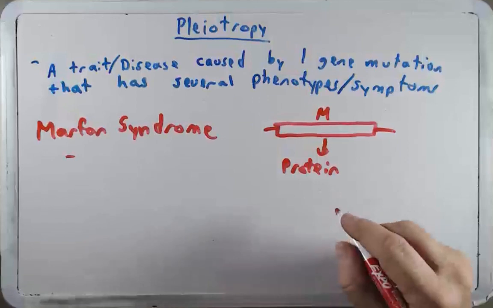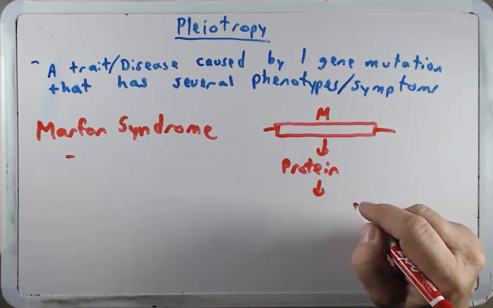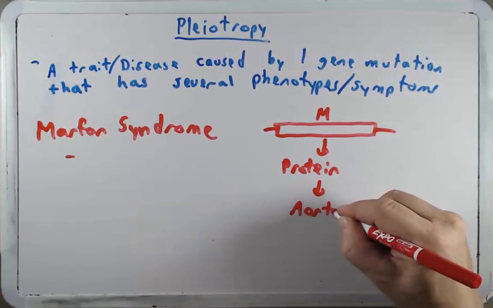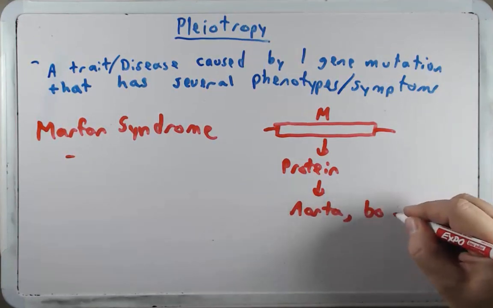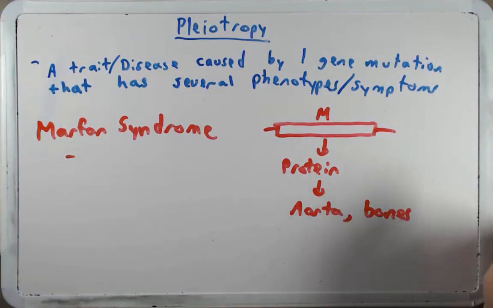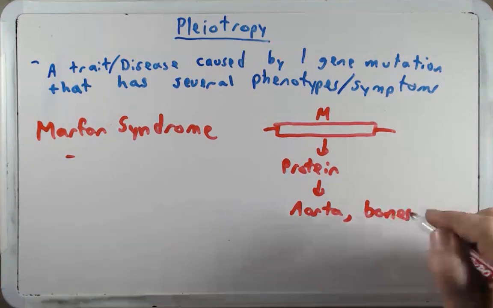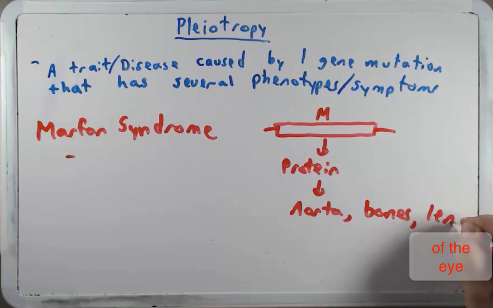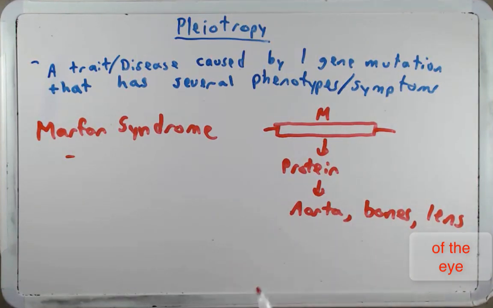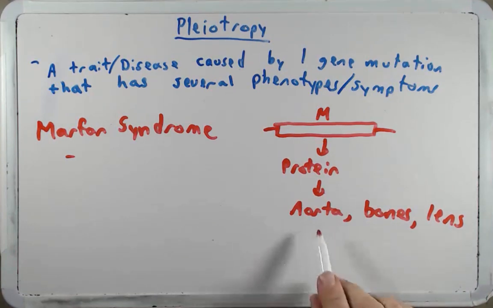This protein, when it's made, goes on to function in the aorta, bones, particularly the bones in the fingers, the limbs, and your ribs. And it also is found in the lens. This protein in these different structures helps provide the necessary strength and flexibility of these different structures in our body. I should have defined aorta. You may not be familiar with that term. That is just the main artery that comes off of the heart.